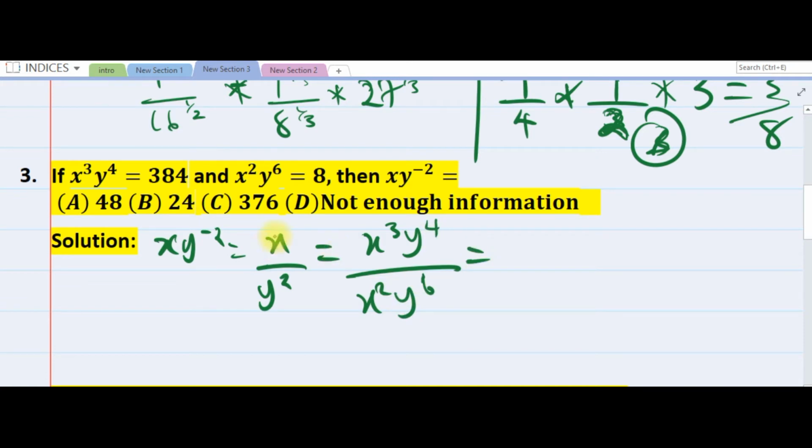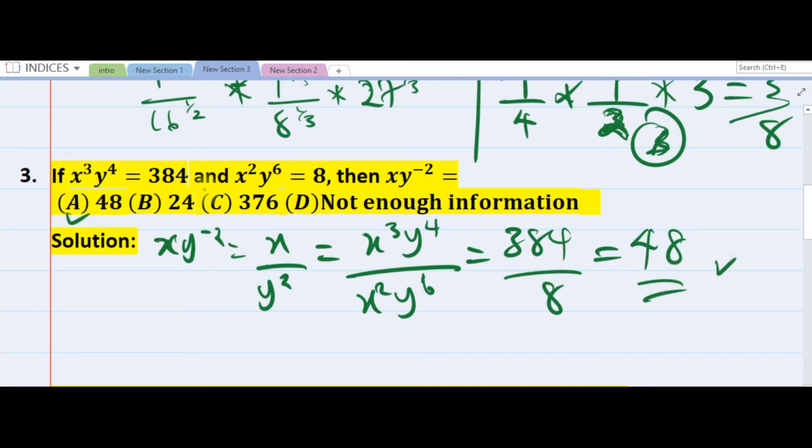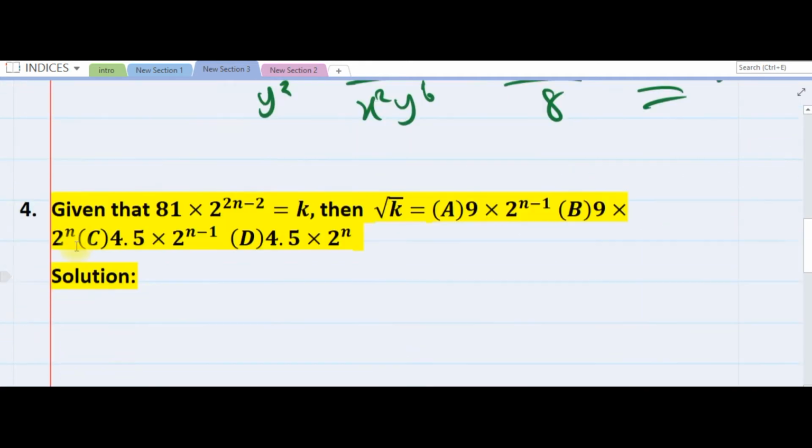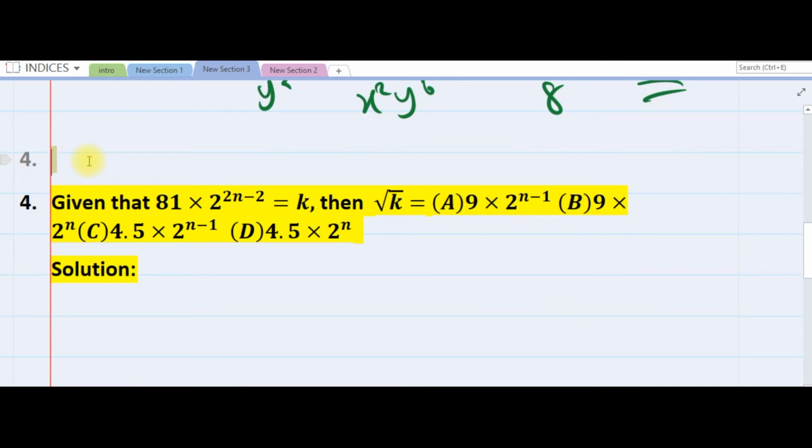They are the same. Check it. 3 minus 2 is 1. 4 minus 6 is minus 2. It goes down. So that's it. So our answer is 384 over 8, which is 48. Our answer is A.